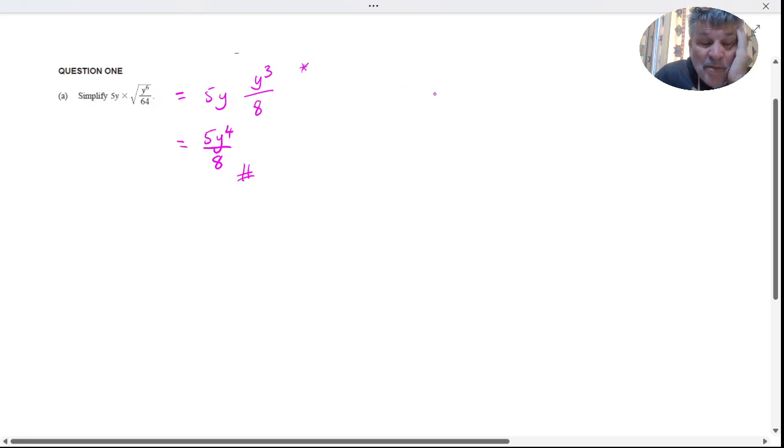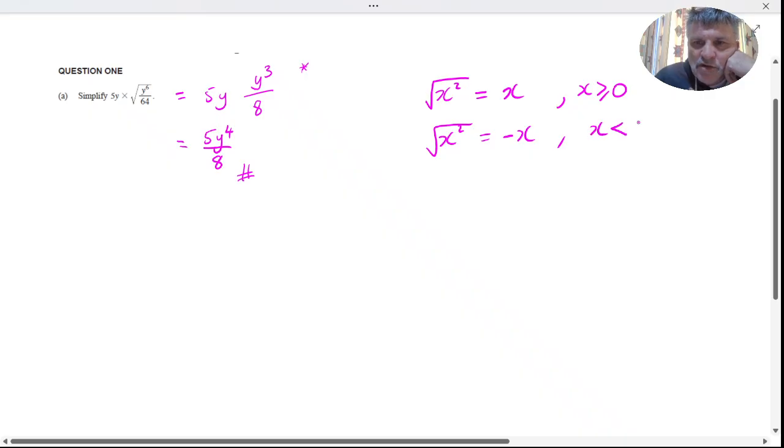it's commonly assumed that if I take the square root of x squared, you get x, but that's not true. It is true only when x is bigger than or equal to 0. When x is less than 0, the square root of x squared is negative x. And that looks odd to some people, looks counterintuitive, but it's what happens.